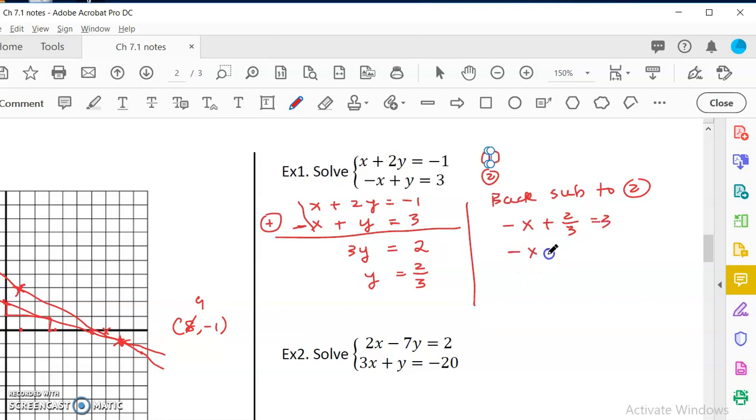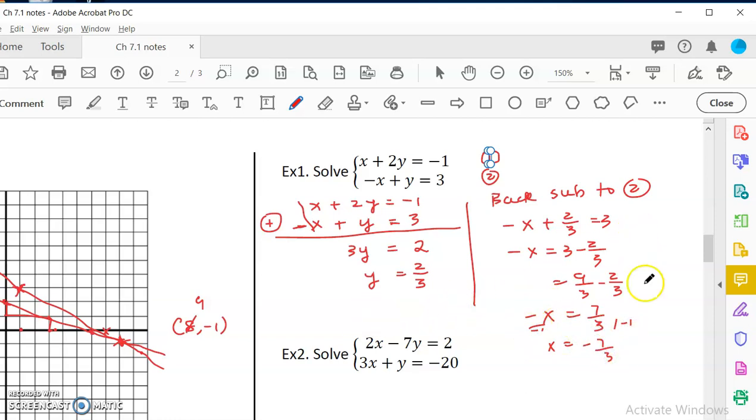So negative x is equal to 3 minus 2 over 3, because you subtract it on both sides. That is 9 over 3 minus 2 over 3. With a common denominator, it's 7 over 3 equal to negative x. And then x would equal, dividing by -1, -7 over 3.